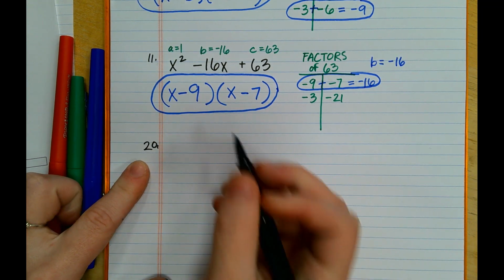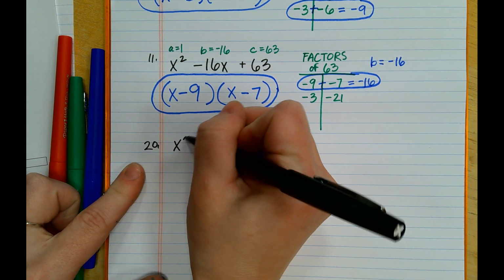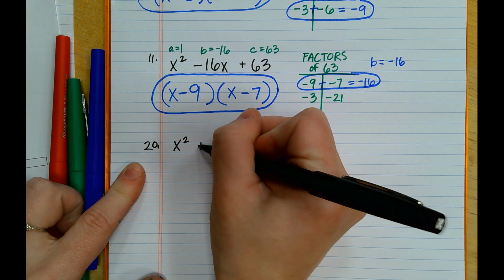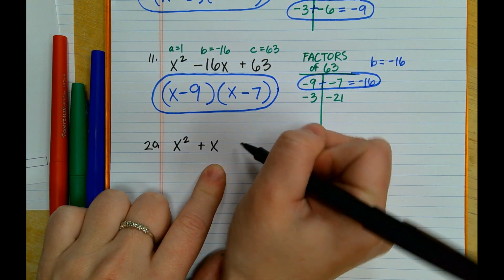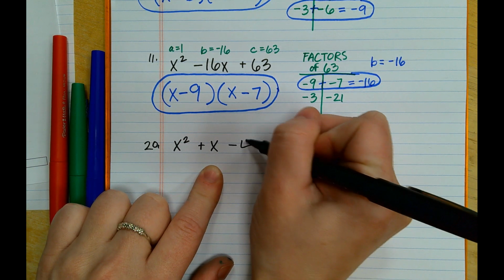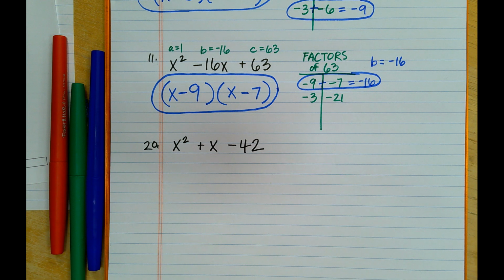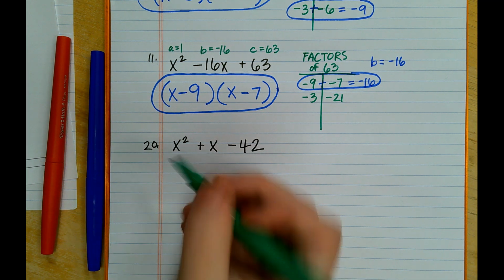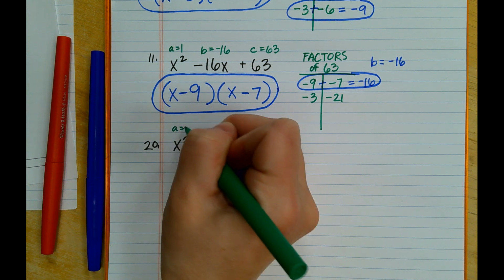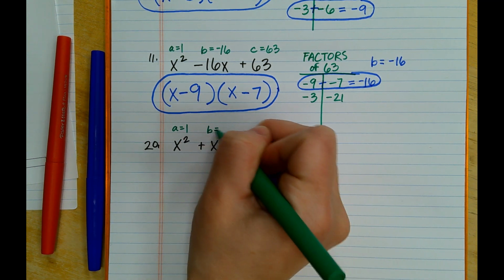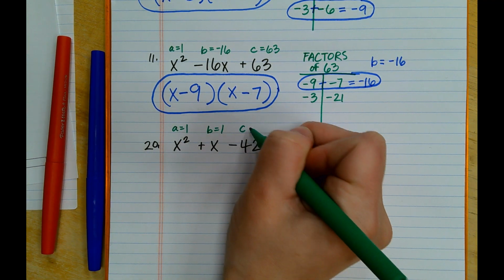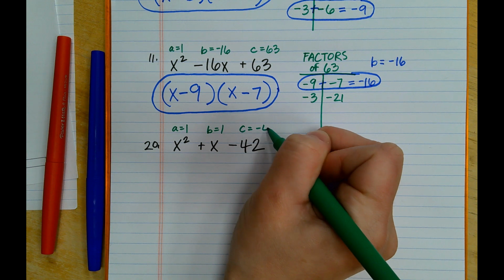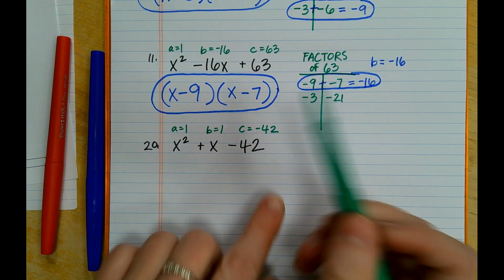Okay, number 20. We have x squared plus x minus 42. Let's label our A, B, and C. Our A is 1. Our B is 1. C is negative 42.